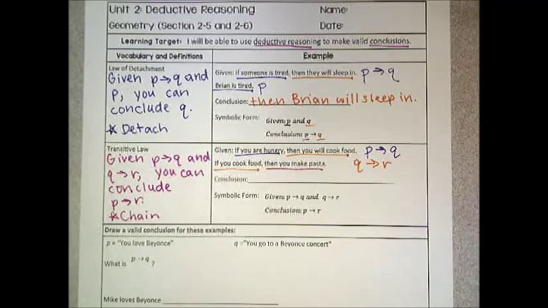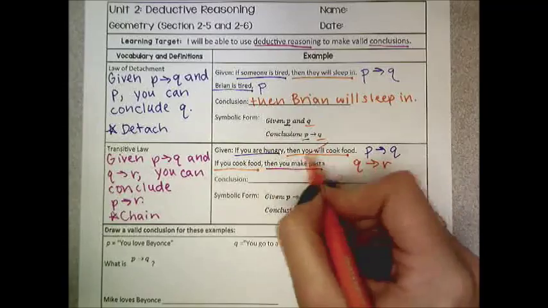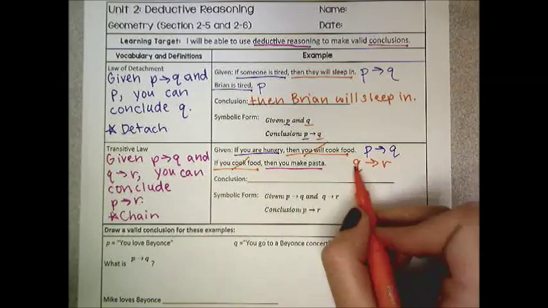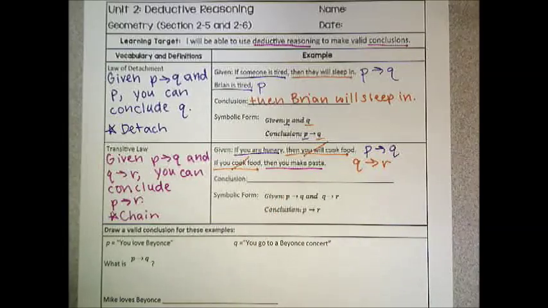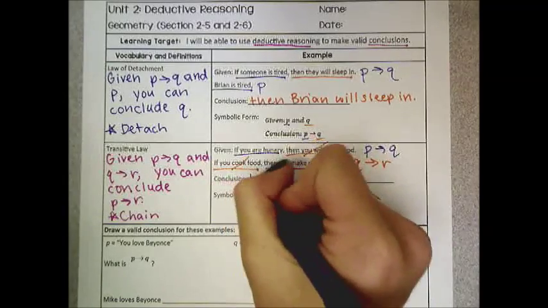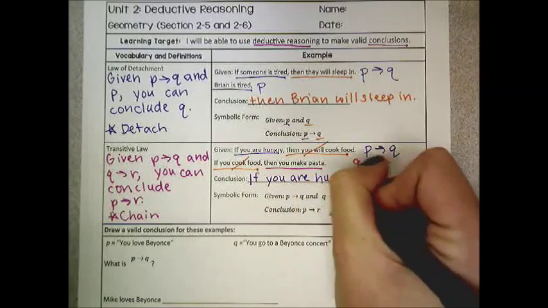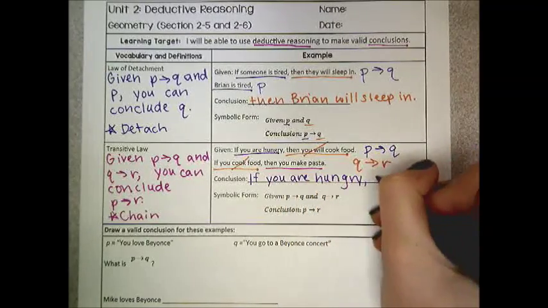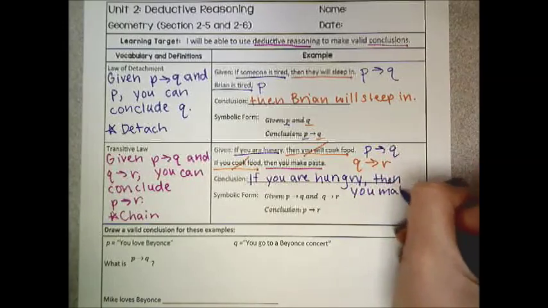So I have R. So once I've color-coded it like this, I like to go through and cross out the Q's that connect, because those two connect, so now I just need to connect the beginning and the end. So my conclusion is, if you are hungry, then you make pasta.